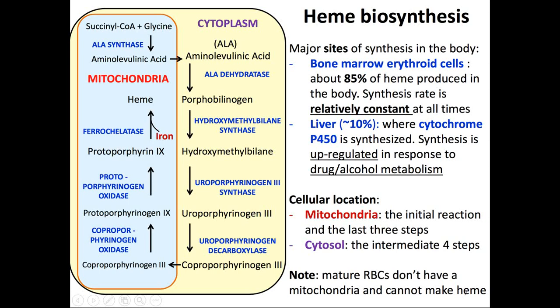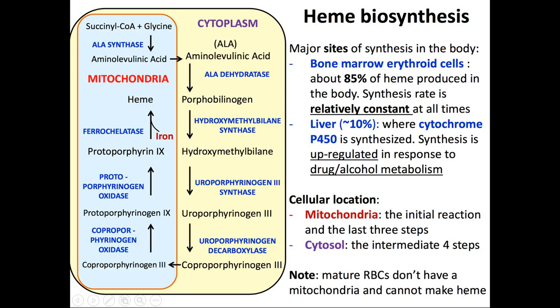Once this compound is formed, it enters the mitochondria again and is then changed into protoporphyrinogen 9 by the enzyme coproporphyrinogen oxidase. Then protoporphyrinogen 9 is converted into protoporphyrin 9 by the enzyme protoporphyrinogen oxidase.